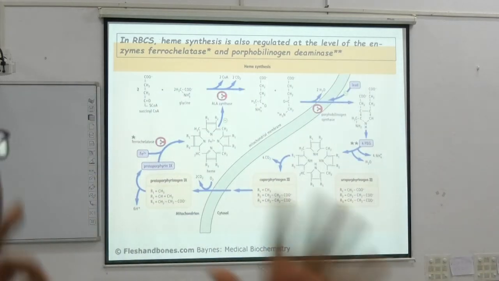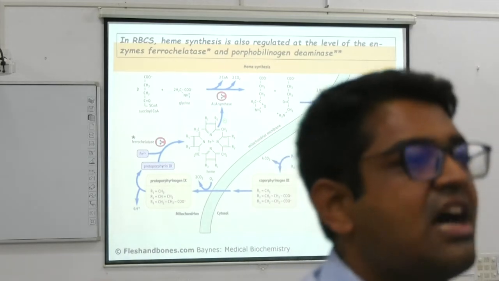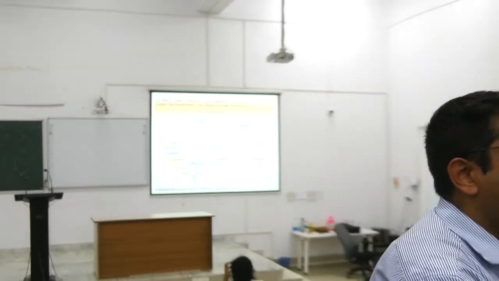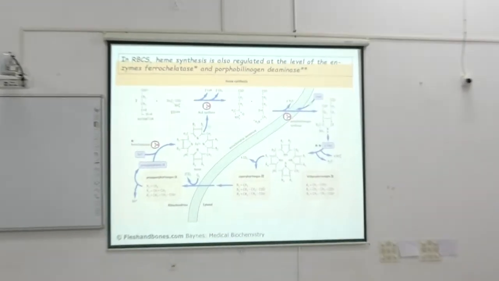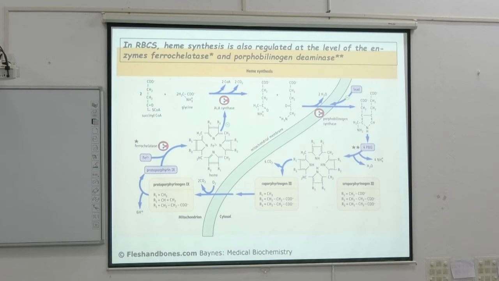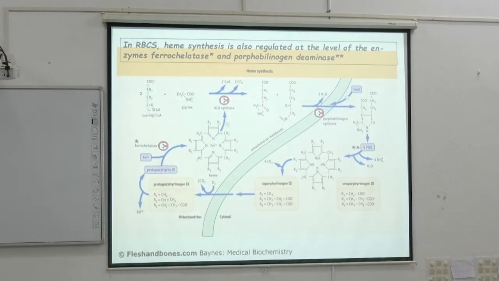Once the RBC matures, the nucleus will be extruded and you will find the complete fixed form of hemoglobin in a mature RBC. It was taught to you in your physiology. Yes, very good. It's reticulocyte to mature RBC.